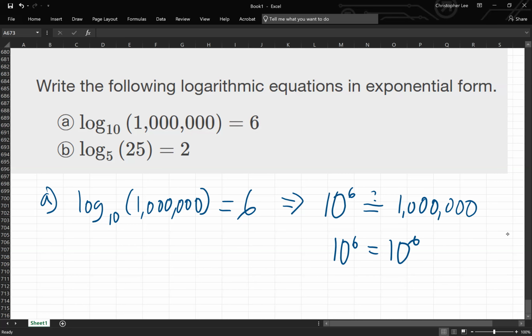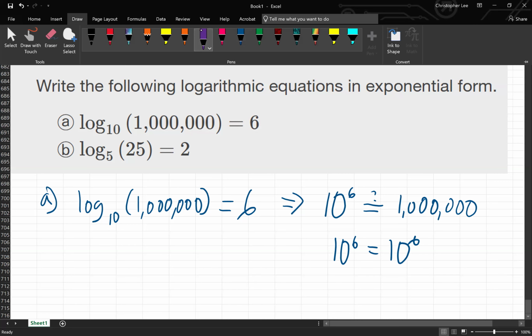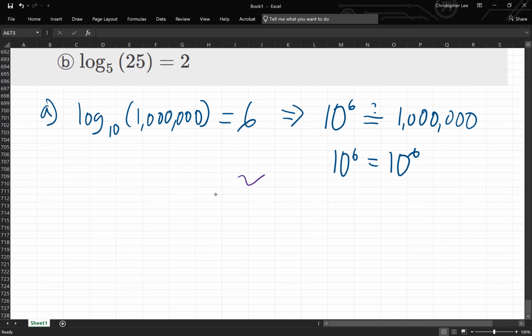Let's try B. So for B, I have log base 5 of 25 equals 2.